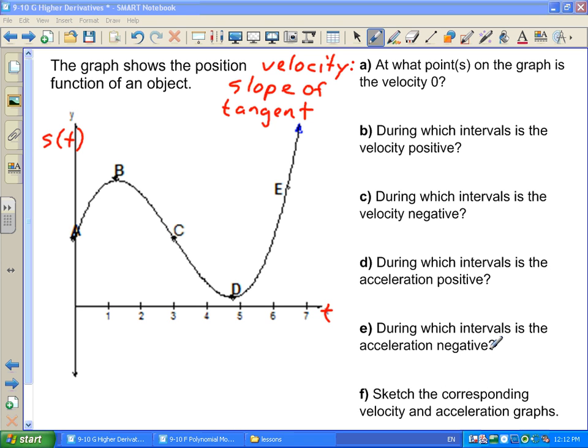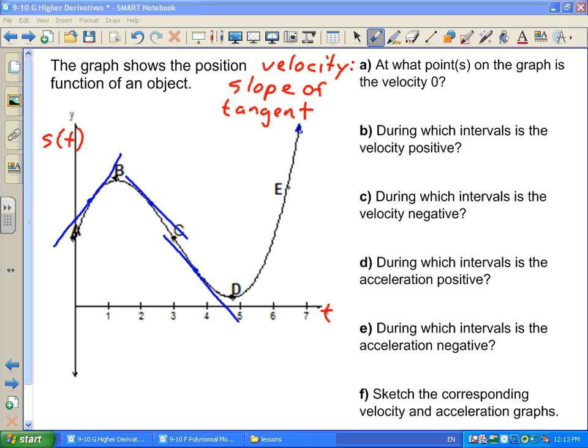If I come to a point right here, and I draw the tangent to this curve, I'm going to draw something like this. If I come over here, the tangent is going to look kind of like this. I come down here, the tangent will look like this.